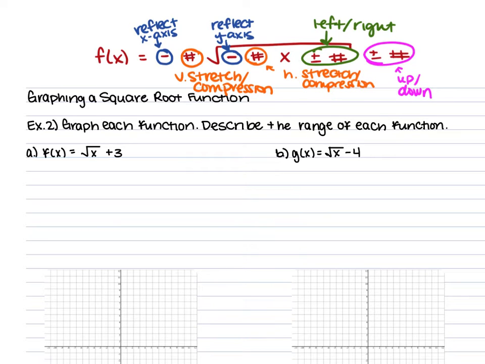So if we look at example 2a, we are given f of x is equal to the square root of x plus 3. That plus 3 is after the radical, outside the radical. So we're going up 3 units. Again, the first time you saw this was from chapter 8, when we were dealing with those quadratic functions, those x squared functions.